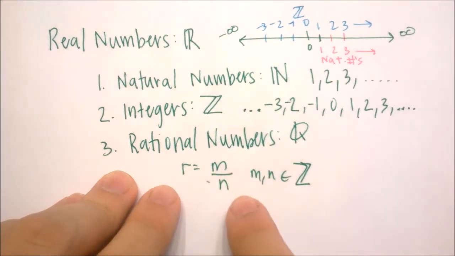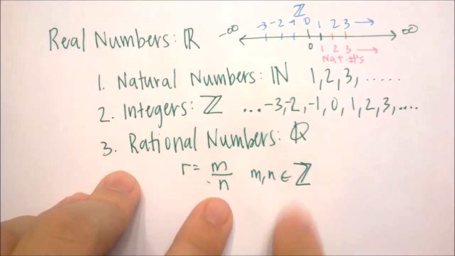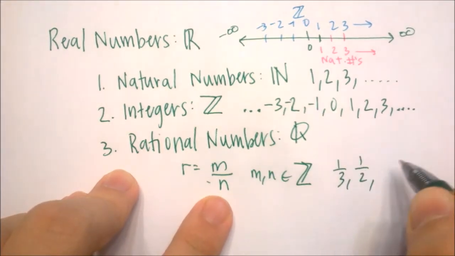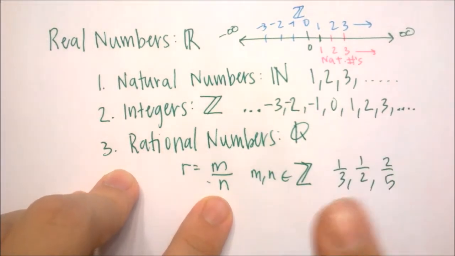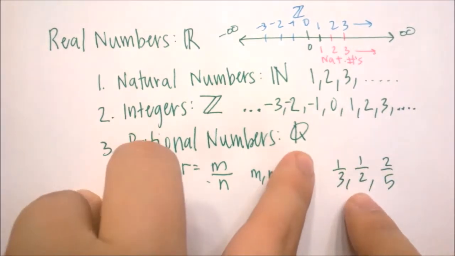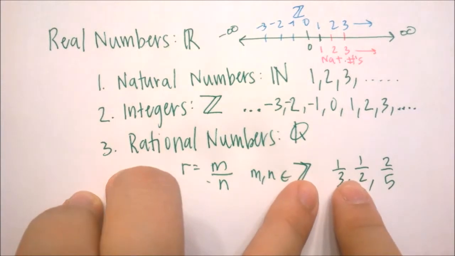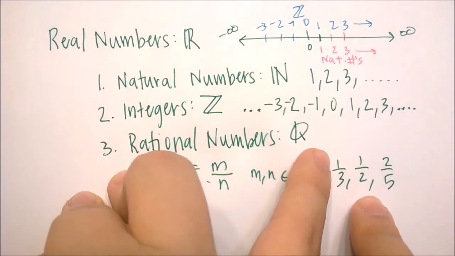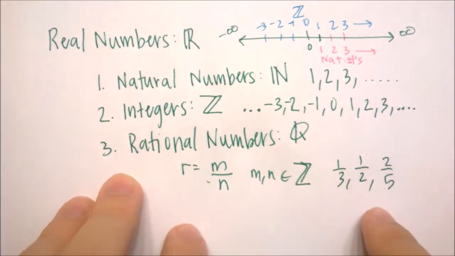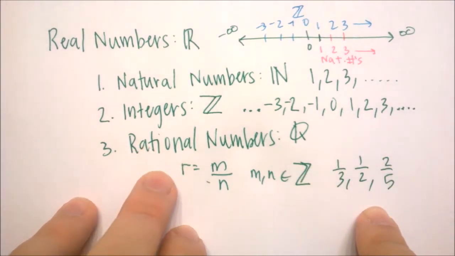So R equals M over N with M and N elements of Z. So 1/3, 1/2, 2/5. These are all rational numbers, meaning it's a ratio. 1 is an integer, 3 is an integer, 2 is an integer, 5 is an integer. So these are ratios of integers, and they can be expressed as ratios of integers.